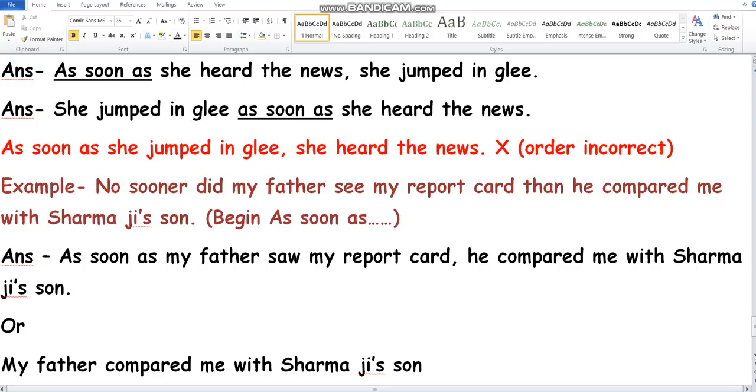Here, no comma, we are connecting the two parts of the sentence with as soon as. My father compared me with Sharma ji's son when? As soon as, immediately, as soon as he saw my report card.